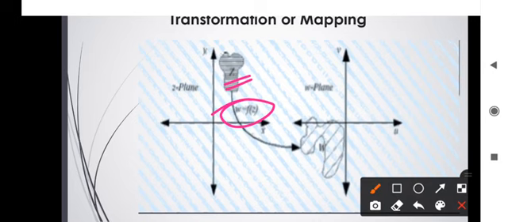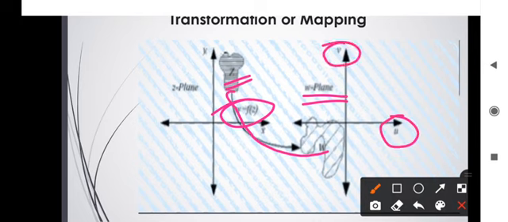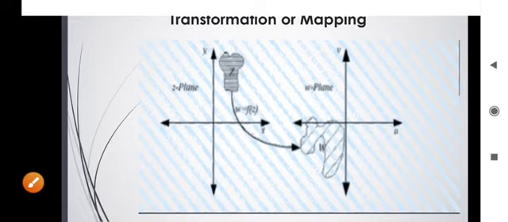So this region is mapped under this function onto the region W in the W plane. Here the real axis is U and the imaginary axis is V. So a region in the Z plane is mapped onto a region in the W plane by the function f of z. This is the concept of transformation or mapping in case of functions of a complex variable.